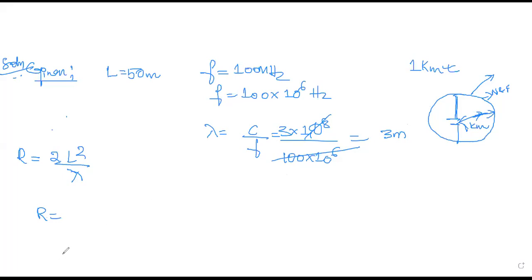Suppose you get lesser than that, that is near field. So substitute the values. It is 2 into 50 square by 3. How much are you getting? 1.67 kilometer, ma'am. So whether it is far field or near field? It's a far field.